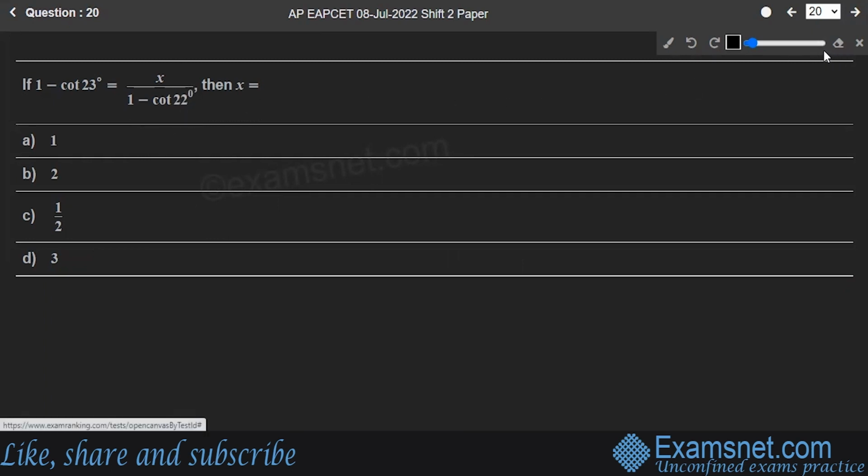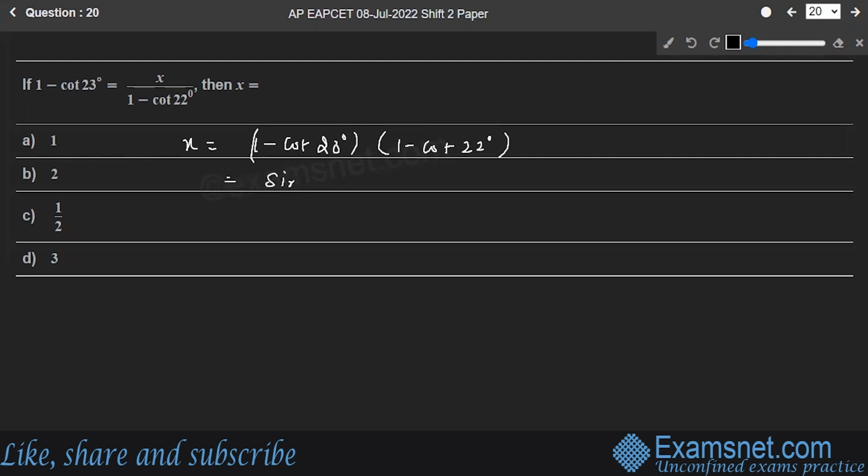Then x is equal to what? So let's do the cross multiplication. You have x is equal to 1 minus cot 23 degree multiplied by 1 minus cot 22 degree. So 1 minus cot 23 degree can be written as sine 23 minus cos 23 upon sine 23, right?